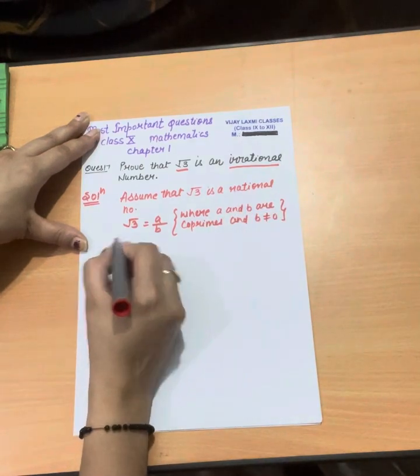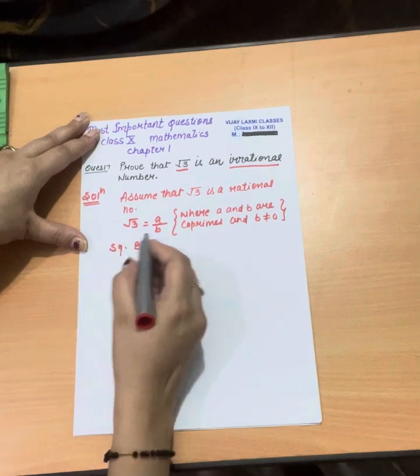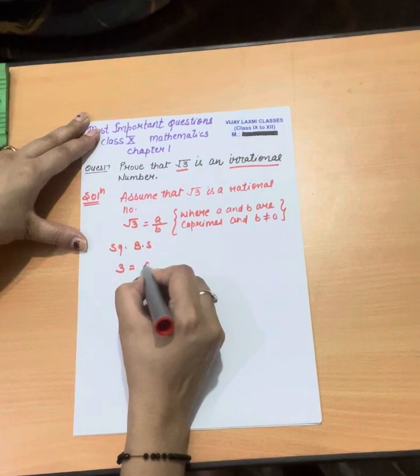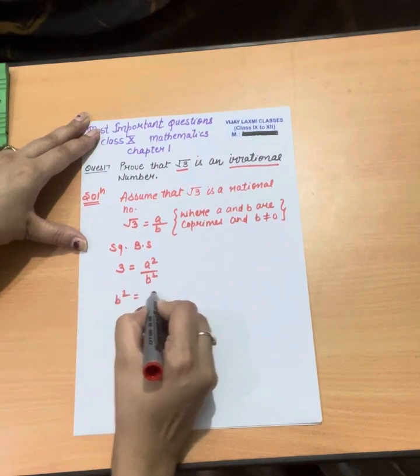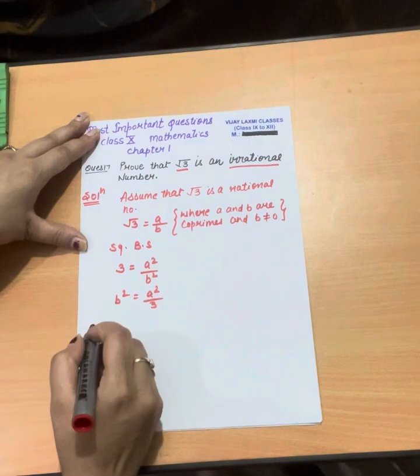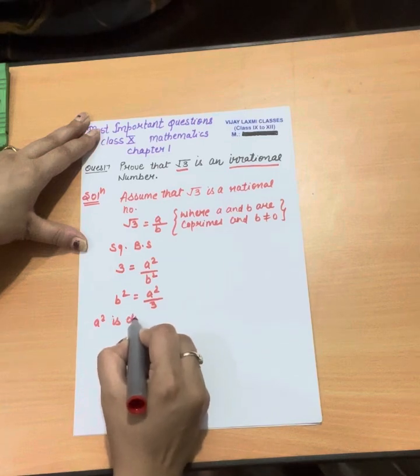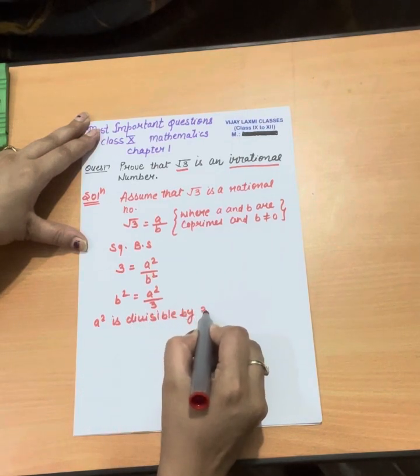So the next step is we will square both sides. When we square both sides, 3 is equal to a square by b square. The next step is b square is equal to a square by 3, which means a square is divisible by 3.